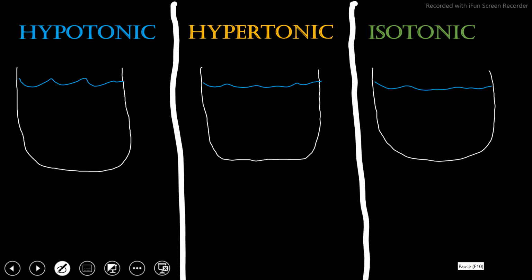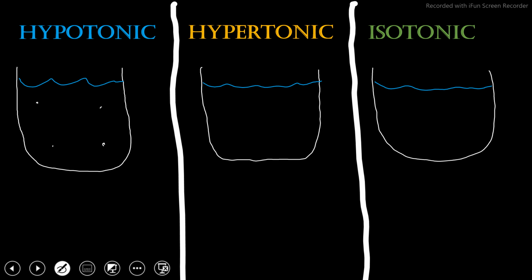Let's say we have 3 cups of our solutions here. So let's say the solvent is water and then our solute is salt. So in the hypotonic, there's going to be very few of our solute.